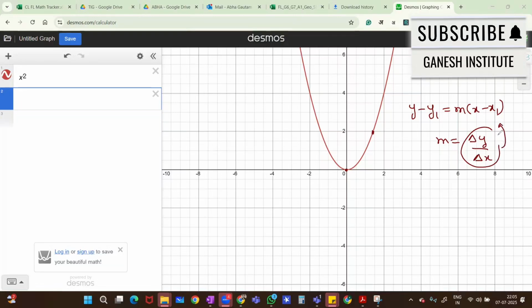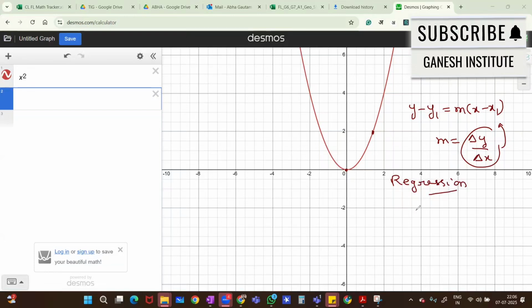But if I want to know whether a line is touching the graph, making a chord or a tangent, then I can use regression. We can do regression using Desmos. What is regression?